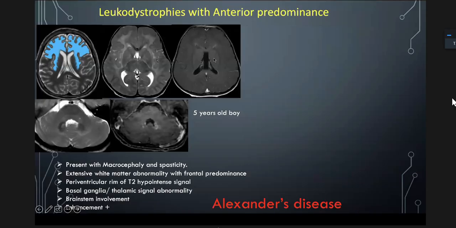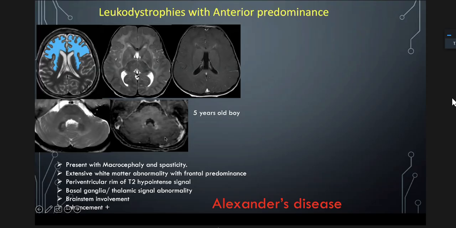So this is one of the leukodystrophies where contrast is very useful, and it helps us to differentiate from other leukodystrophies. Also, notice there is involvement of the basal ganglia, the caudate, the putamen, corpus striatum. These are swollen. The thalami also show abnormal signal. There is abnormal signal involving the dentate and the peridentate region, and there is abnormal enhancement.